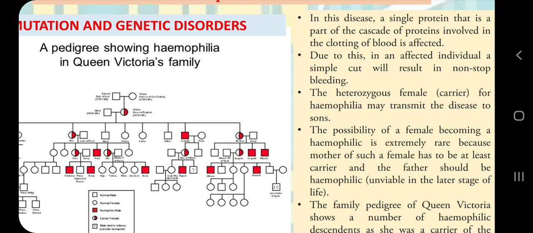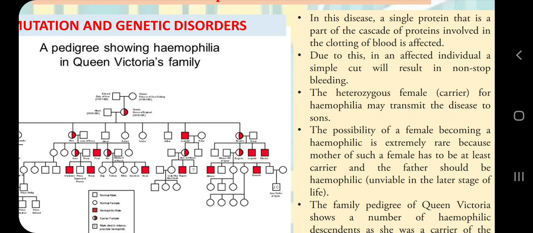The gene for hemophilia located on the X chromosome encodes a normal protein which plays a part in blood clotting, but if the gene is altered because of a Mendelian disorder, because of a point mutation, it forms an abnormal protein which is not able to complete the process in the cascade of blood clotting, and that is why our body is not able to produce a blood clot and stop the bleeding.